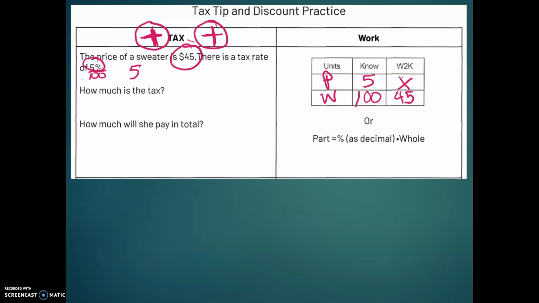So if this is 5%, to change it to a decimal, we would start here where the decimal is and move it 1, 2 places over, and then fill that in with a 0, and the percent sign would go away. So that would be 0.05. We circle what we need still, so we have the 45 and the 0.05. And so to find the tax part, go ahead and multiply those and pause the video so that you can see what you get.